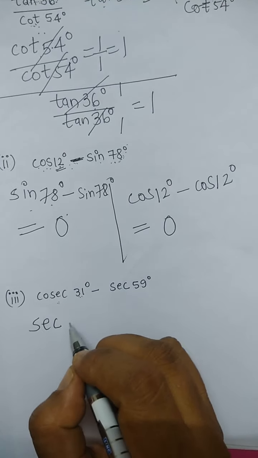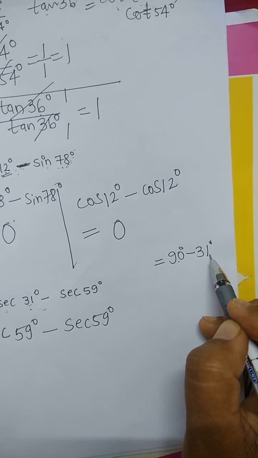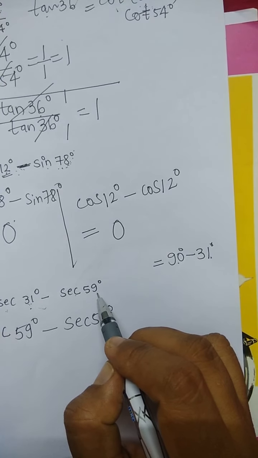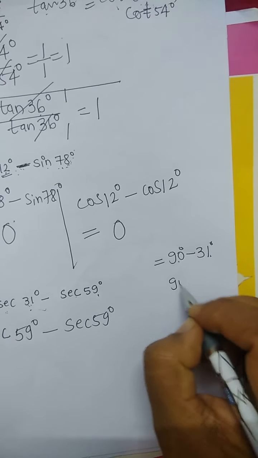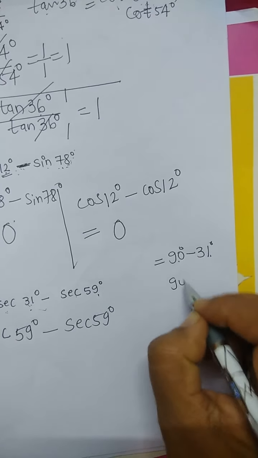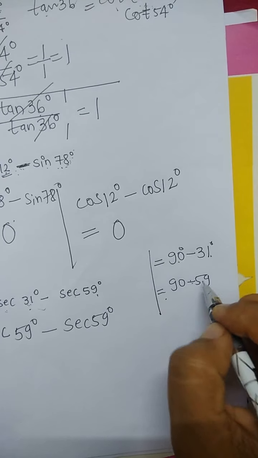Complementary angle, if you want to find, 90 minus 31. If you want to find complementary angle of 31, subtract it from 90. If you want to find complementary angle of 59, subtract it from 90. Okay, got it? By subtracting from 90, you will get complementary angle.